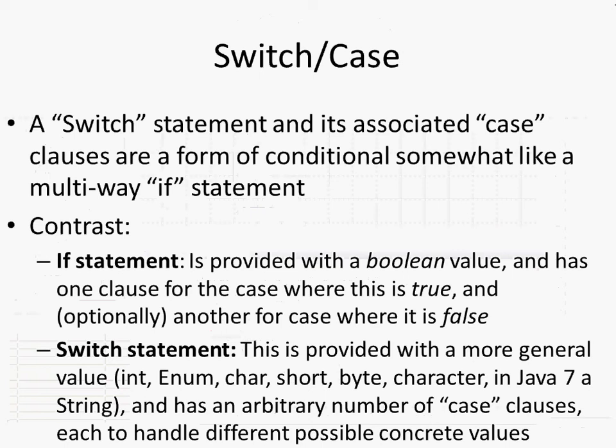So you could say switch on the ethnicity of this person, and then you have a case to handle a First Nations person, a case to handle a Caucasian, a case to handle immigrants from East Asia, immigrants from South Asia, what have you. Each of them can do a different thing, return a different value. Maybe it's a switch statement that, based on a person's current state, returns a color.